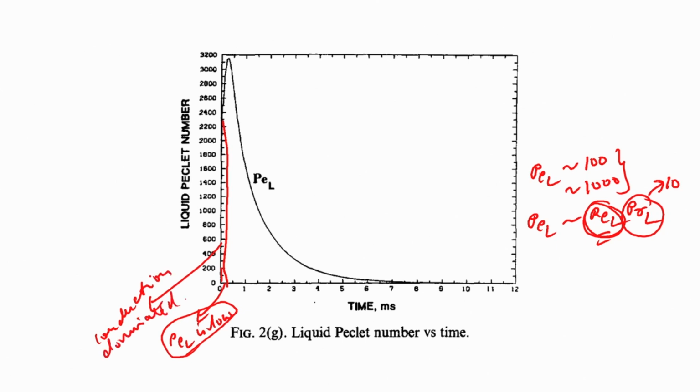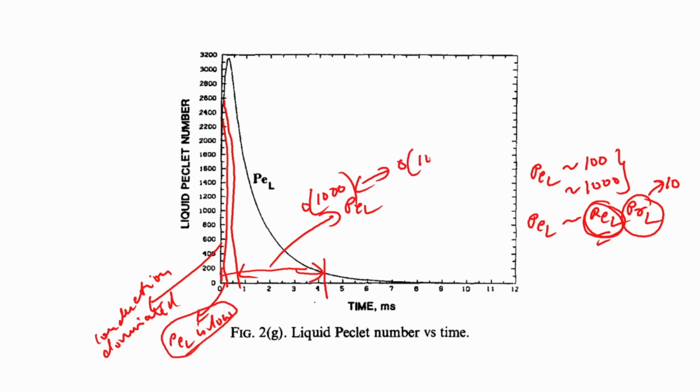right. In this region, from this point all the way up to about this point, in this large region, the Peclet number varies between something like the order of 1000 to the order of 100, 110, things like that.